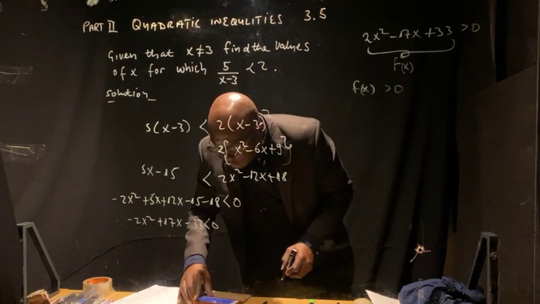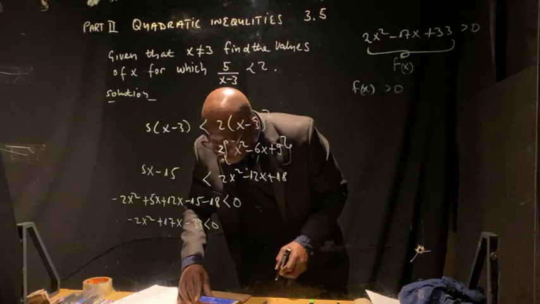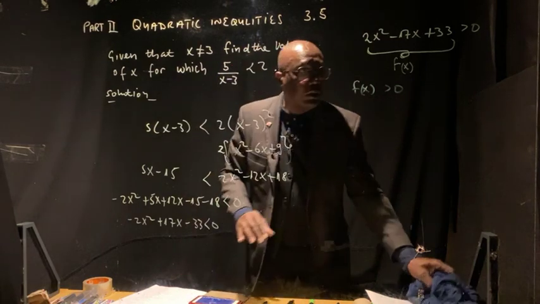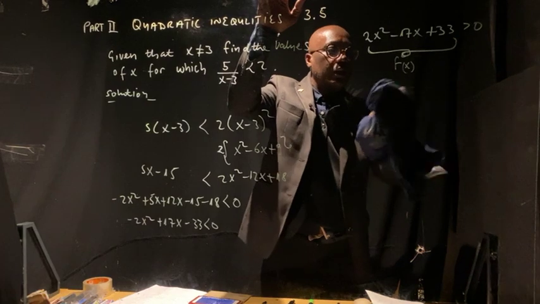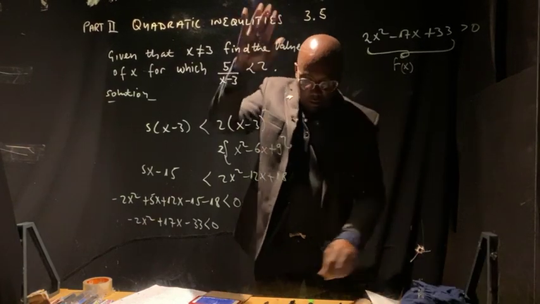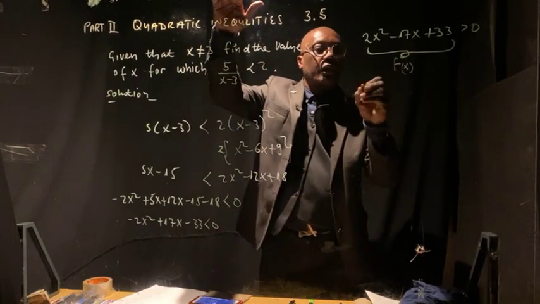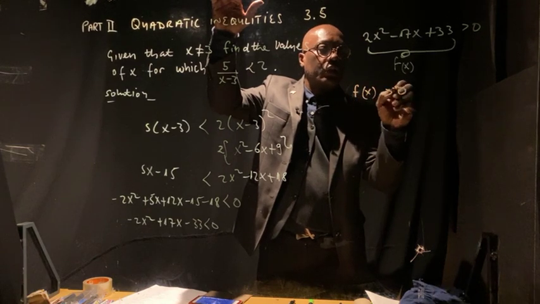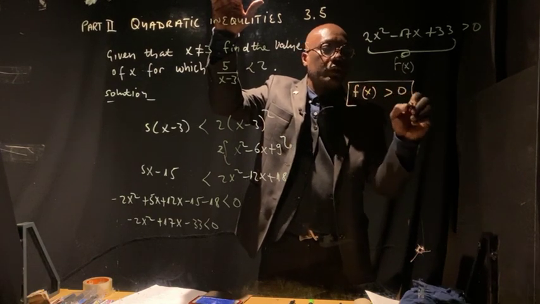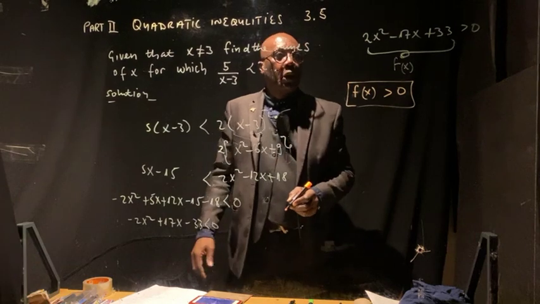Can you see it? No, the color is not good. I'll change it to a different color. Then f of x is greater than 0, which is very important to us. Very good.